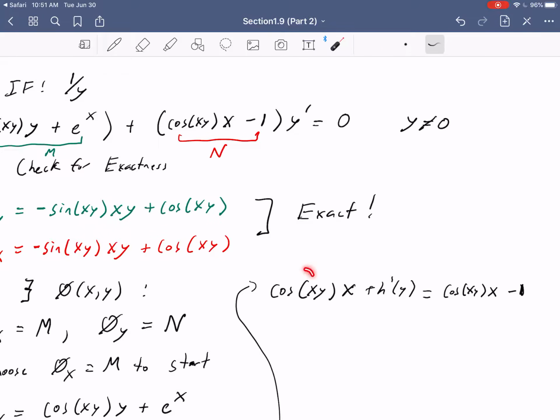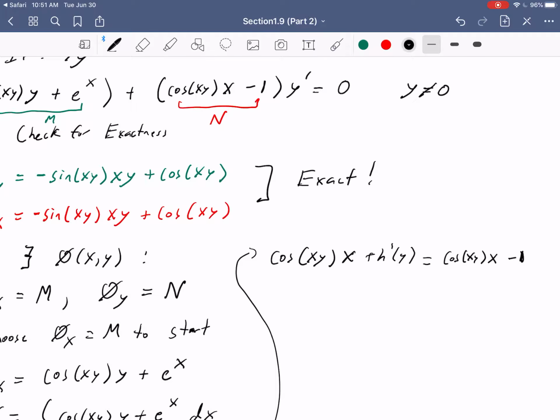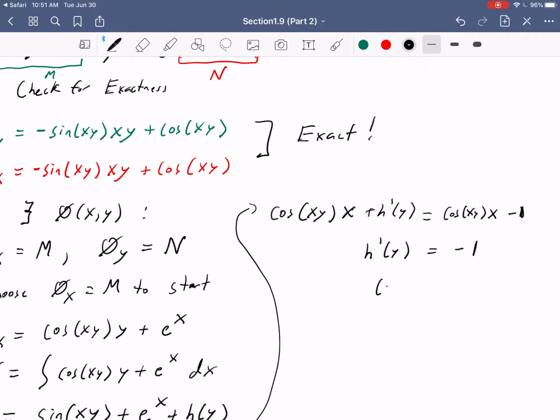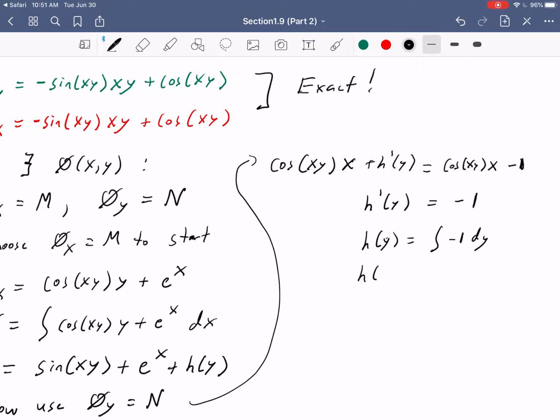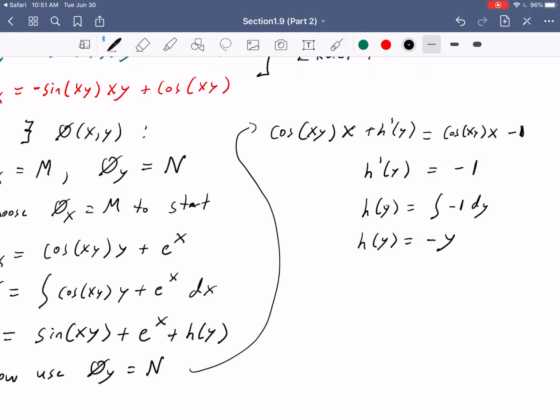Notice that the multivariate component, this stuff, is going to cancel out on both sides. So we're going to get h prime of y is equal to negative 1. That means h of y is the integral of negative 1 dy, which means h of y is equal to negative y.